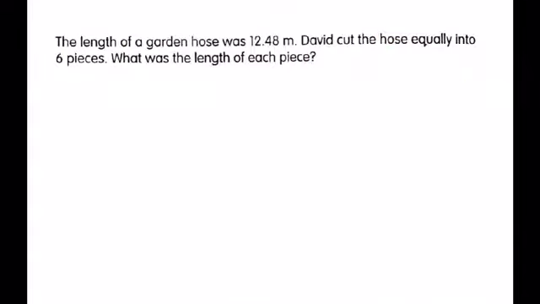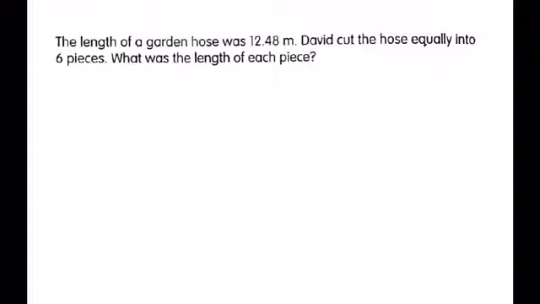For the last word problem, let's go through the same step once again. First, let's read. The length of a garden hose was 12.48 meters. David cut the hose equally into 6 pieces. What was the length of each piece? Let's look into the important information in the given word problem.